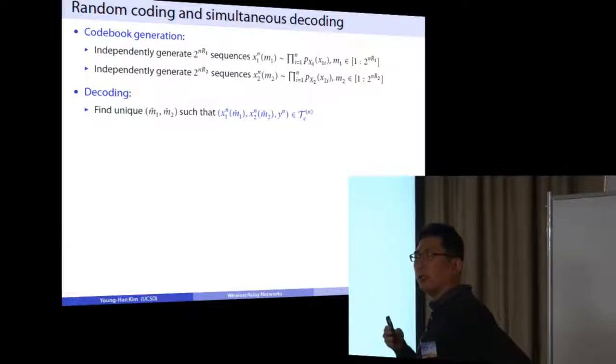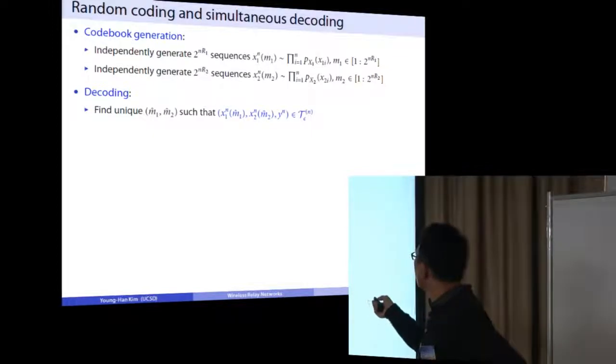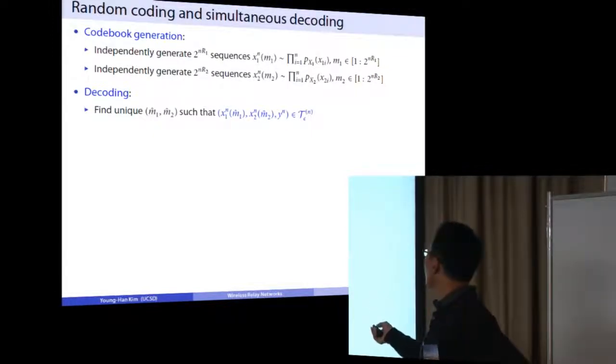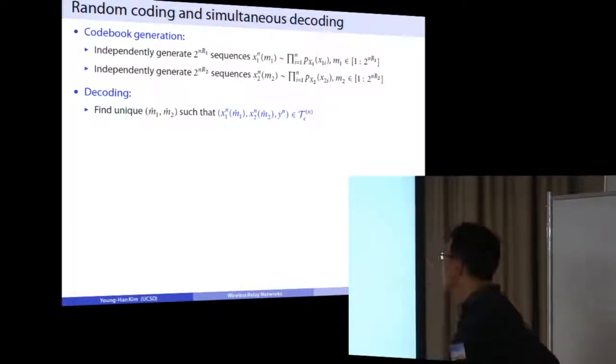Again, meaning that their joint empirical frequency is close to the true probability distribution, where X1 and X2 come from the same distribution we generated our code book from, and the conditional probability of Y given X1 and X2 is given by the channel probability.